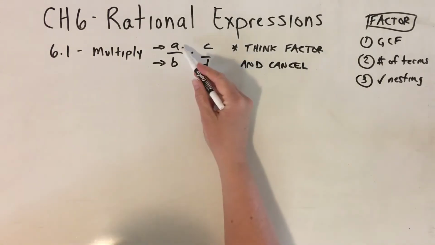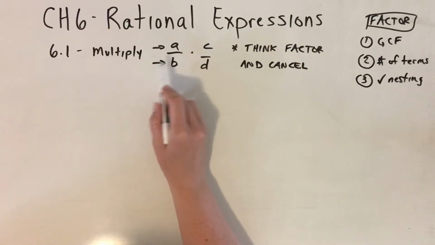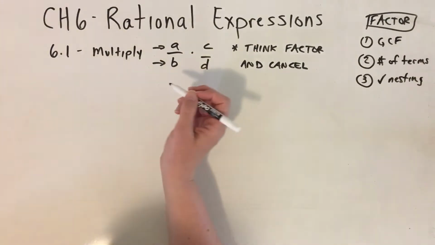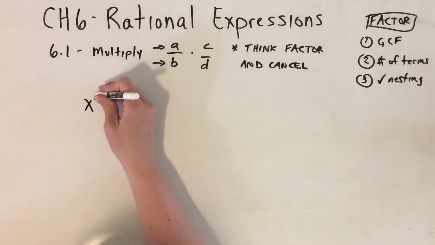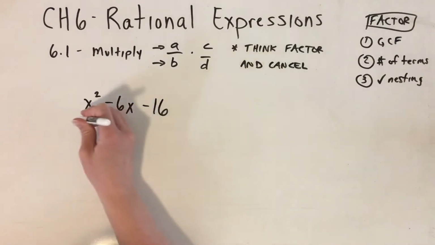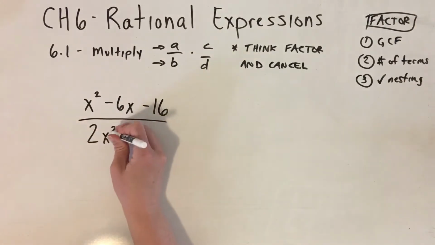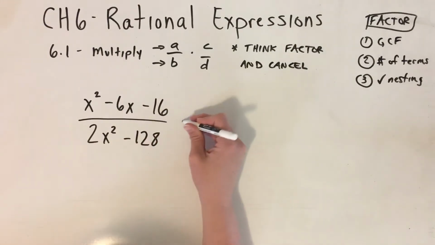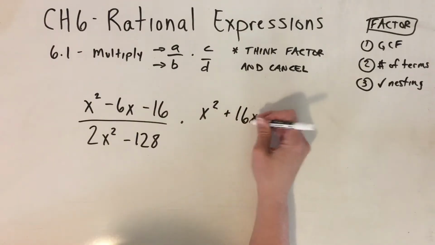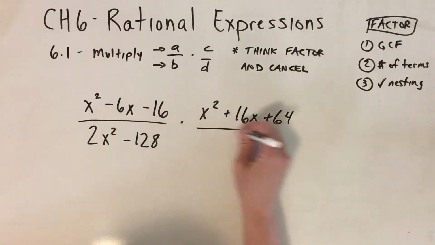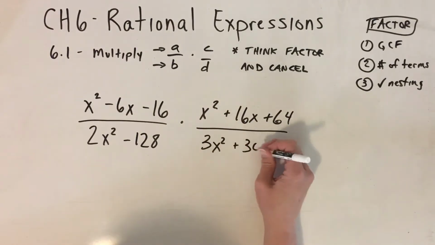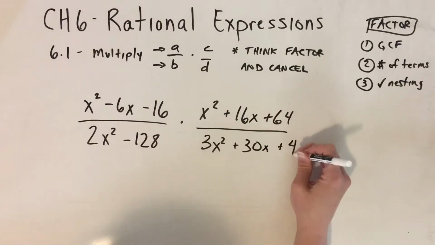Remember that when you multiply two fractions or rational expressions, you multiply straight across the top and straight across the bottom. But when we are working with a rational expression, for instance, x squared minus 6x minus 16 over 2x squared minus 128 times x squared plus 16x plus 64 over 3x squared plus 30x plus 48.